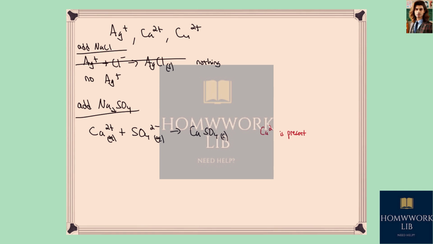Then it says we went ahead and we additionally added, after filtration, sodium carbonate, and we produced another precipitate. Well, most anions form a precipitate with carbonate. The carbonate solubility rules are most carbonates are insoluble.